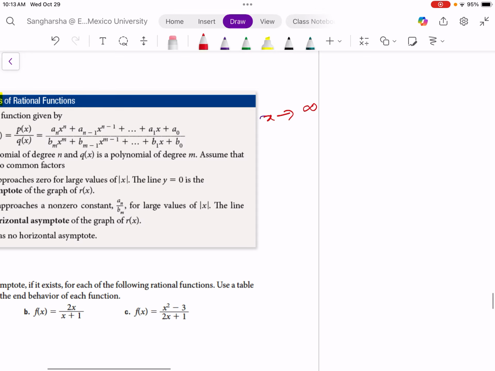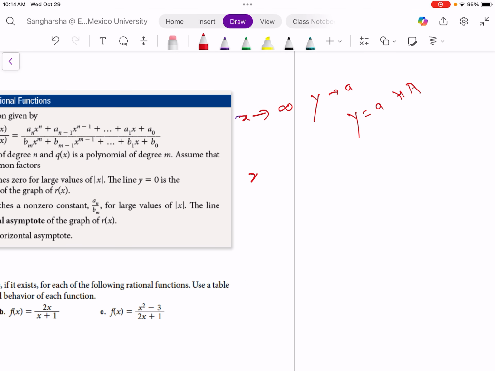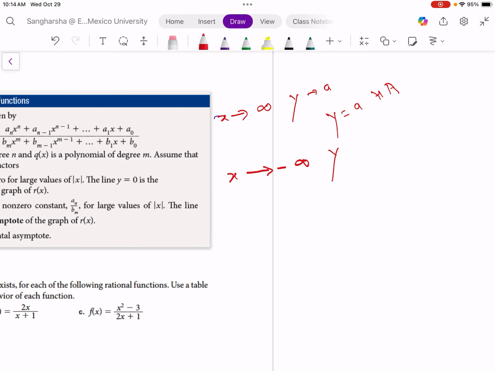If our y is close to some number, let me call it a, then y equals a is a horizontal asymptote. In a similar way, as our x approaches negative infinity, it means when our x is a very small number, if the function approaches some number, let me call it b, then y equals b is a horizontal asymptote. So x is the input, y is the output.